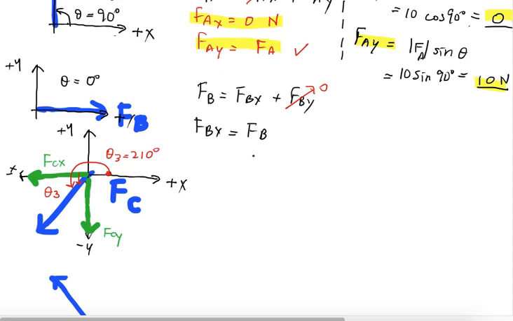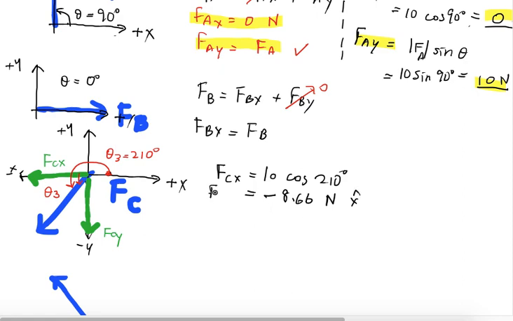So let's try to calculate what is the vector component in x. FCX equals FC. Okay, let's say FC is 10, the same as just now. So 10 cosine, let us take 210, and try to calculate. So cos 210, it's negative 0.86 times 10. That gives you negative 8.66 Newton in x direction.